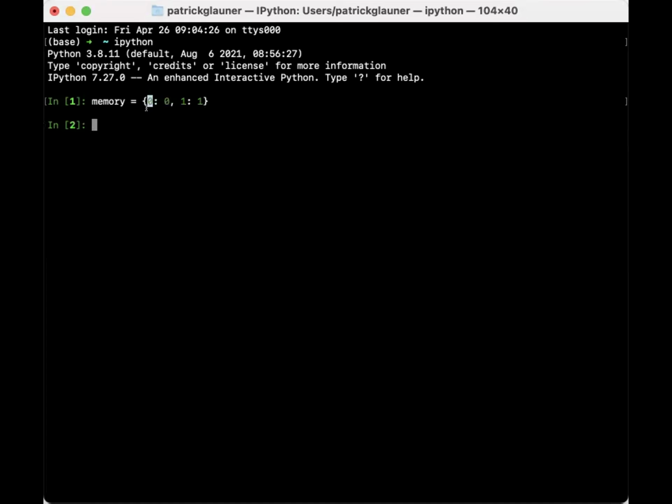So when n is 0, the Fibonacci number for n equals 0 is 0. And for n equals 1, the Fibonacci number is 1. And for 2 and 3 and so forth, we are going to compute this now. But once we have computed this, we're going to store this in our memory. So again, we have a Fibonacci function.